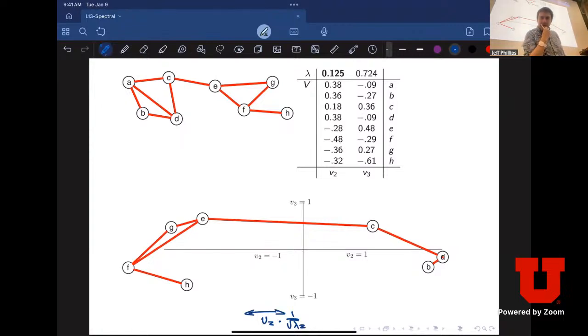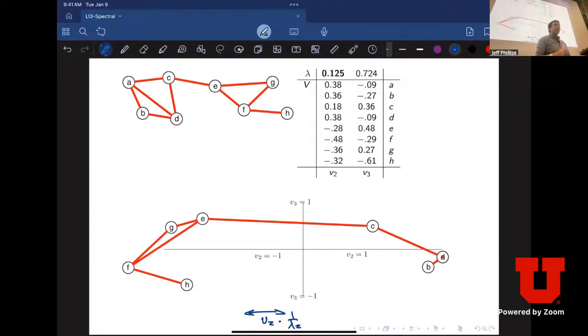I think it's just 1 over lambda 2. So V2 times 1 over lambda 2. I've taken a value which is 0.38 for A, and then I've stretched it out by multiplying by 8, right? So 0.38 times 8 is about 4 or something, and that's about where it is on the x-axis here.